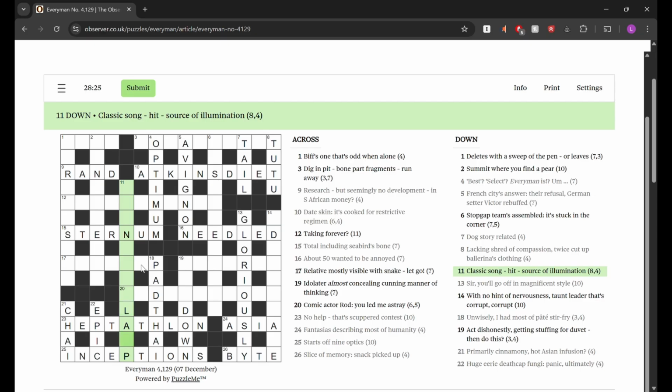Classic song. Hit. Source of illumination. Guessing source of illumination would be a lamp, maybe? Maybe hit if you clamp somebody. Is that hitting? Classic song. What's a classic song? It could be classic and then another word for classic, another word for song.